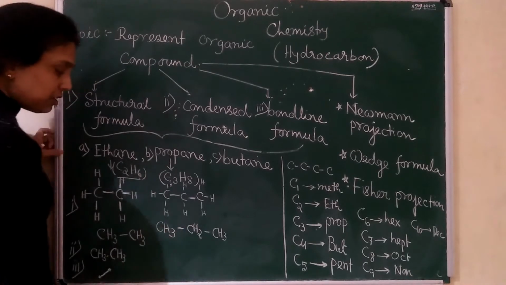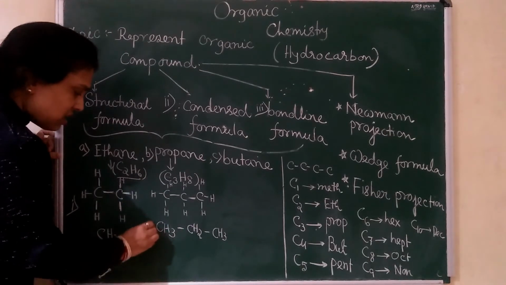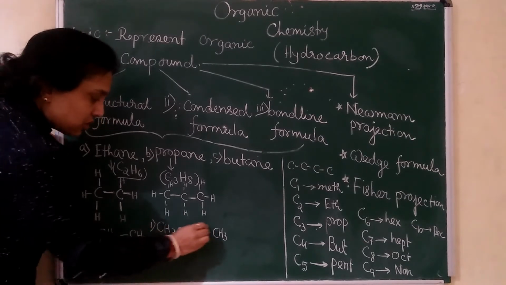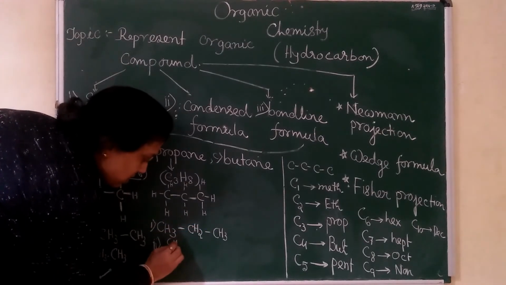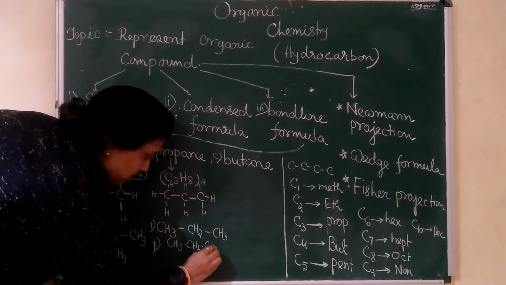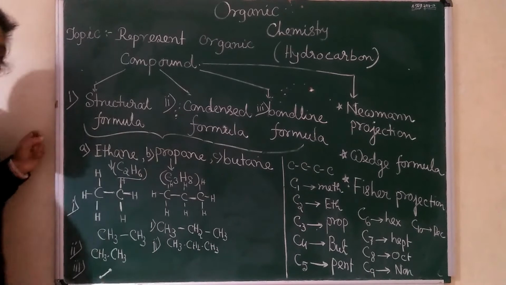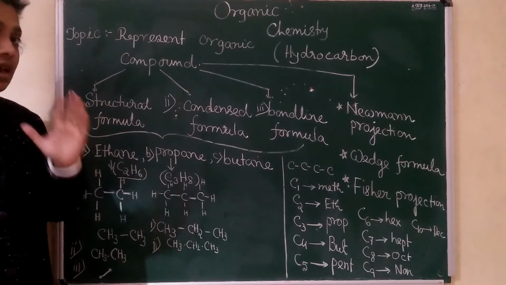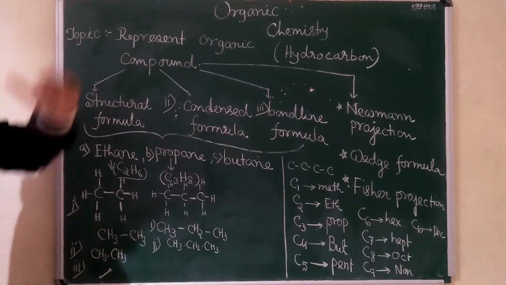Now this is the structural formula. If it is a condensed formula, then you will not show these bonds. So what is it? CH3 dot CH2 dot CH3. Okay. So this is the representation. It is a simple representation I am showing. I am not giving any difficult structure. Elaborately means you have to go slowly at a higher level.